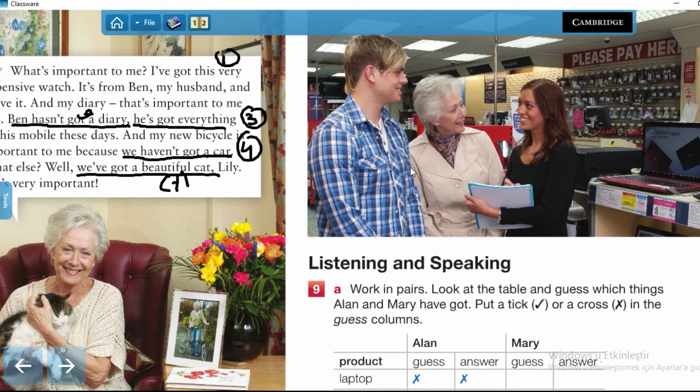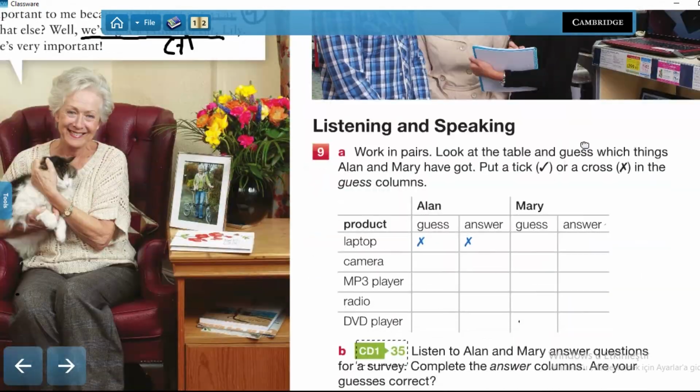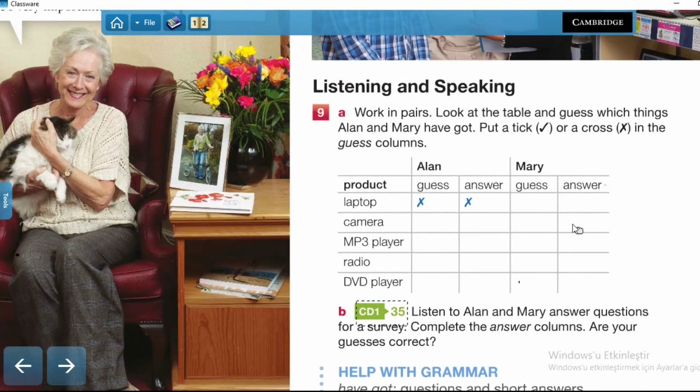So in the shop, the sales assistant asks some questions about the products. For example, she is asking, have you got a camera? And Ellen says, have you got a laptop? And Ellen says, no, I haven't. This is the answer column. And this is the guess column. So, for Mary, for example, has Mary got a laptop?